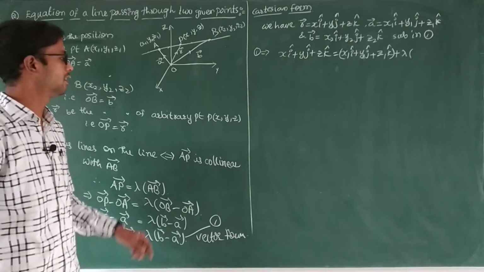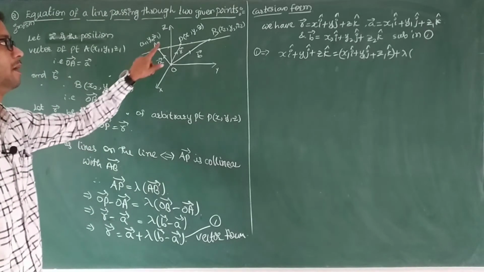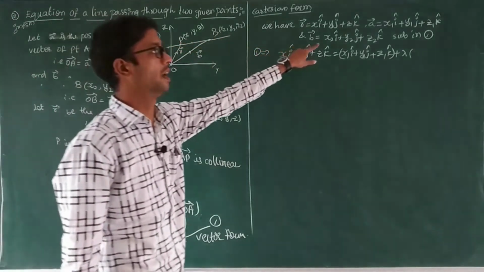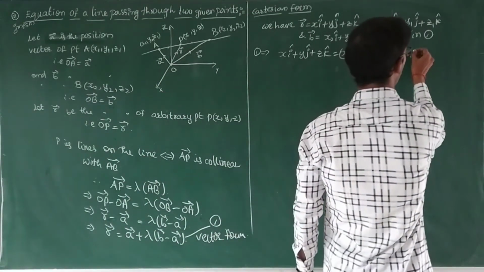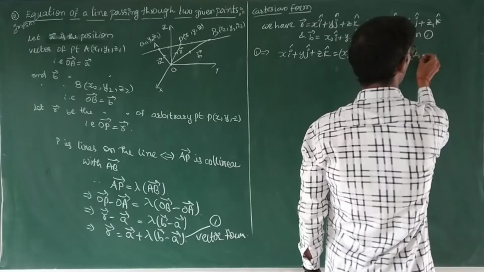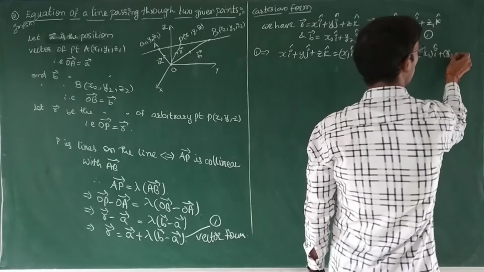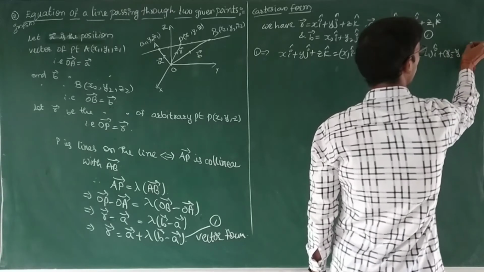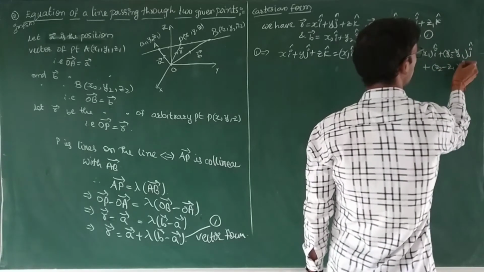B bar minus A bar is x2 minus x1 i cap, y2 minus y1 j cap, z2 minus z1 k cap.